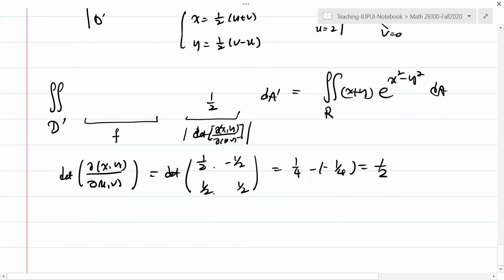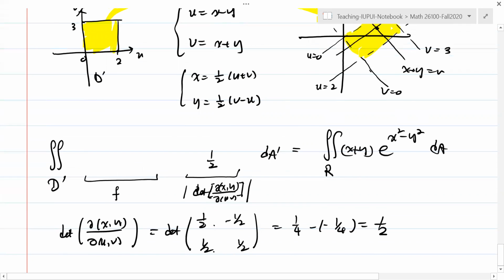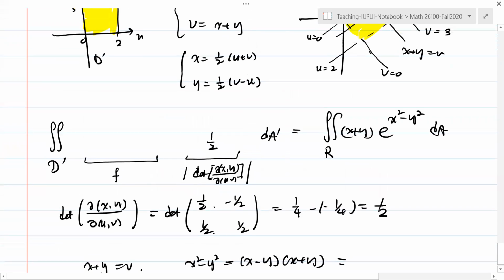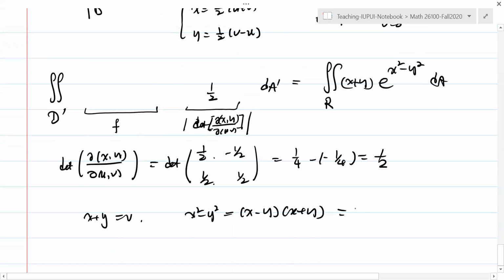But we already know that x plus y is v. How about x squared minus y squared? x squared minus y squared is x minus y times x plus y. So x minus y is u, x plus y is v.